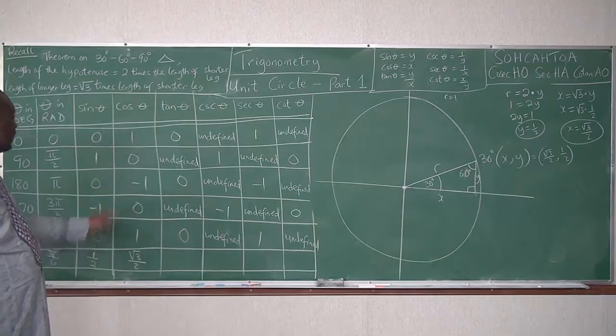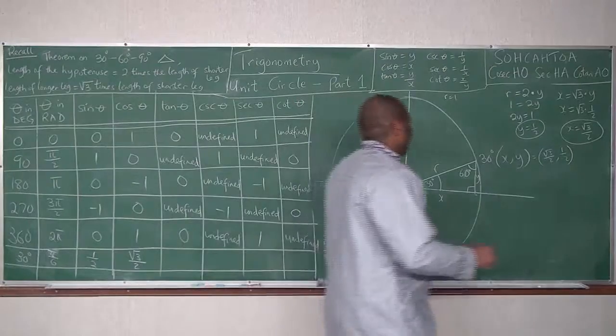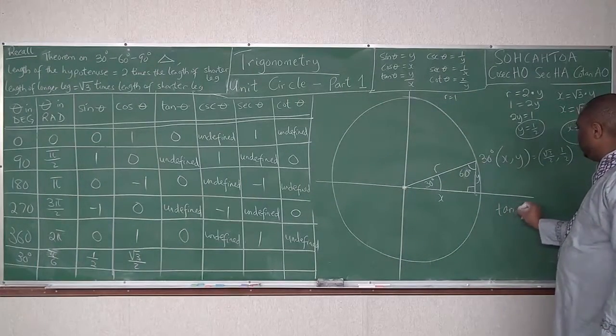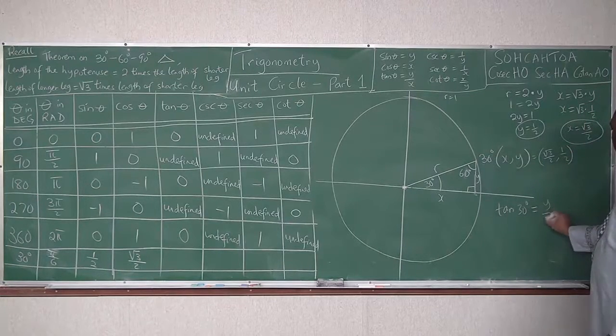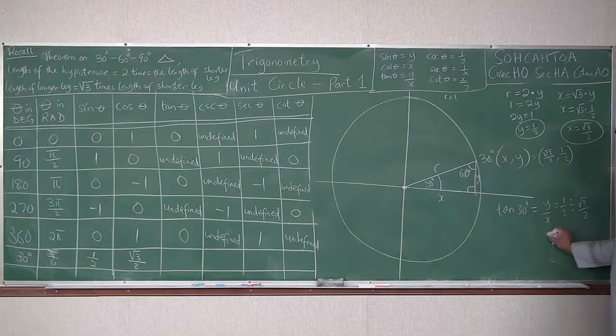Tan 30 degrees is y over x. Let's calculate it. So this is 1 over 2 divided by root 3 over 2, which is 1 over 2 times 2 over root 3. So that is 1 over root 3.